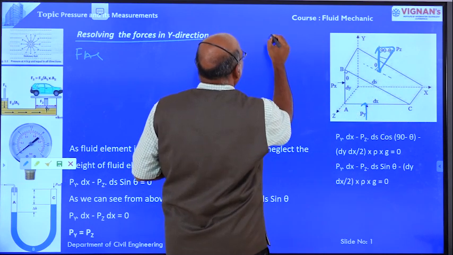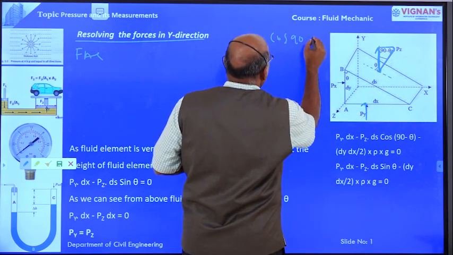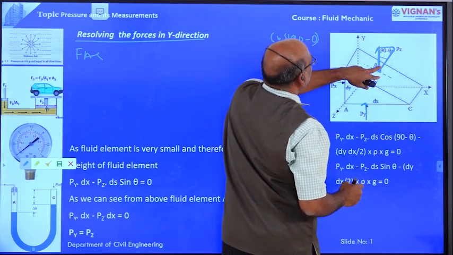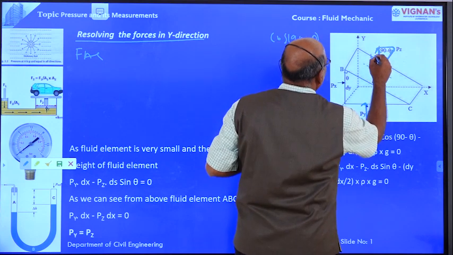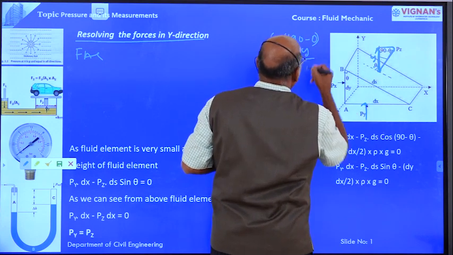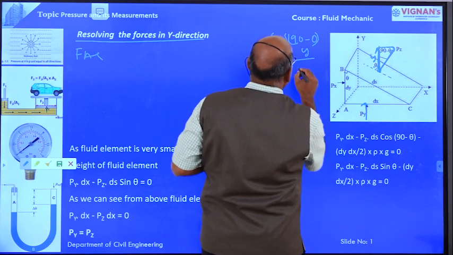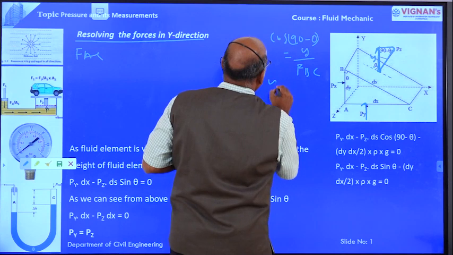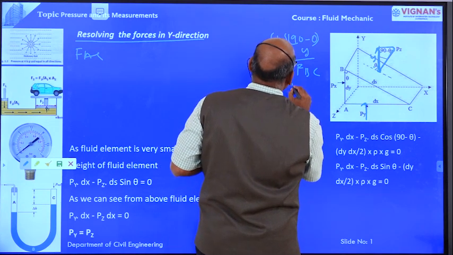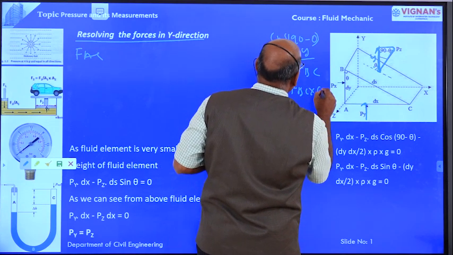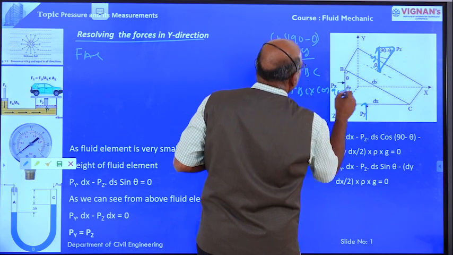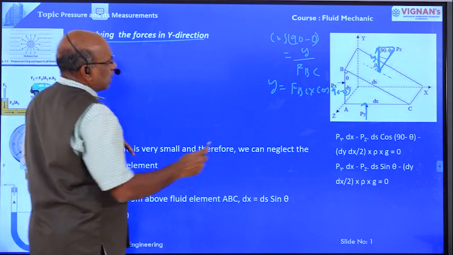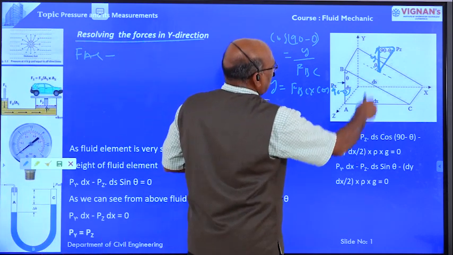That is equal to, here cos 90 minus theta equal to adjacent side, say this is y, divided by hypotenuse, that is equal to force on BC. Therefore y is equal to force on BC into cos 90 minus theta, right? This is the force acting on face AB in the y direction.